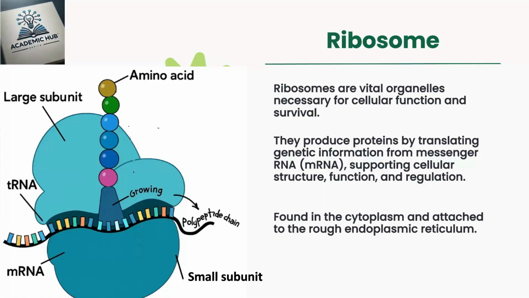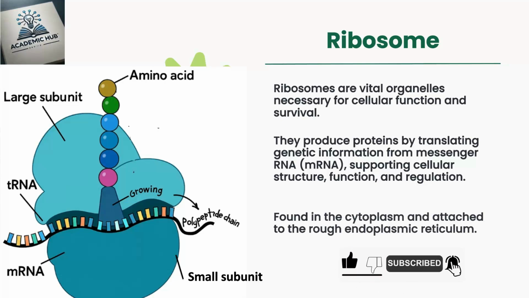Suppose the ribosome is a factory where the blueprints, meaning mRNA, messenger RNA, are used to assemble products, meaning proteins. The small subunit reads the blueprints while the large subunit assembles the product.